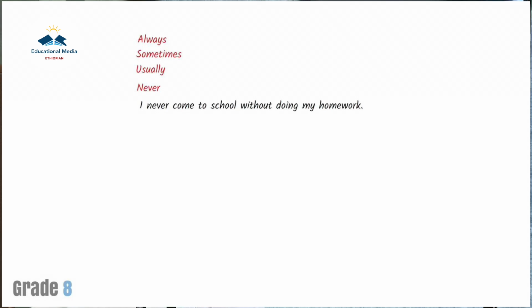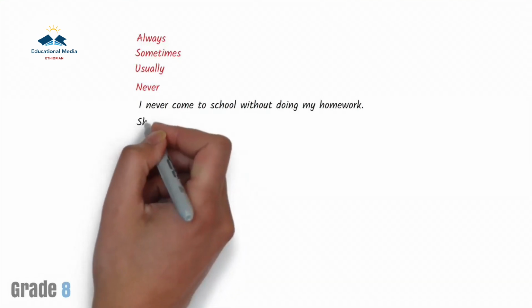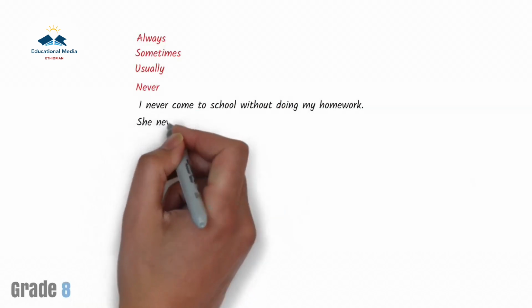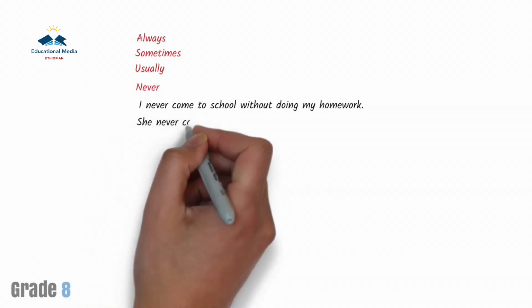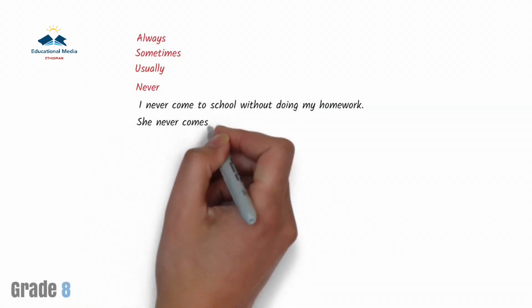See, never. She never comes, if you like, don't forget that. Never comes. Here now there is this, because don't forget the rule of third person singular. Third person singulars, in the case of simple present tense, they take what? S after the main verb.